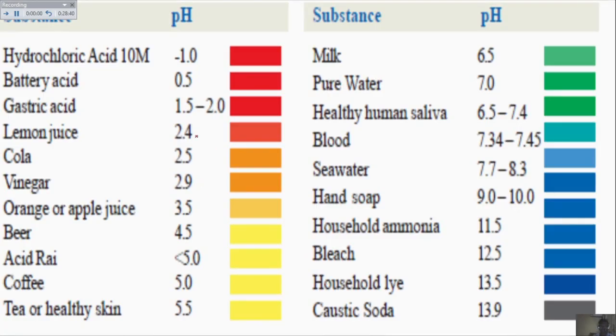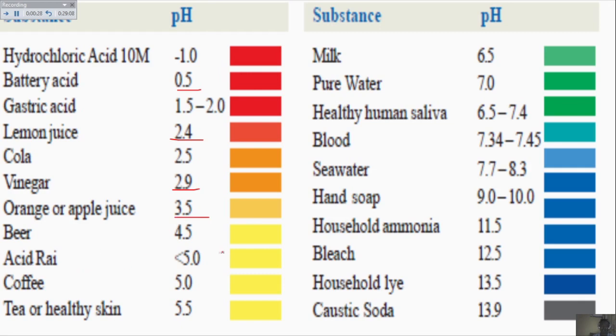Then you see these ranges, like our battery acid, very red, is 0.5. Gastric acid is between 1.5 and 2.0. Our lemon is 2.4. Our vinegar is 2.9. The acid in our oranges, almost light yellow, is 3.5.